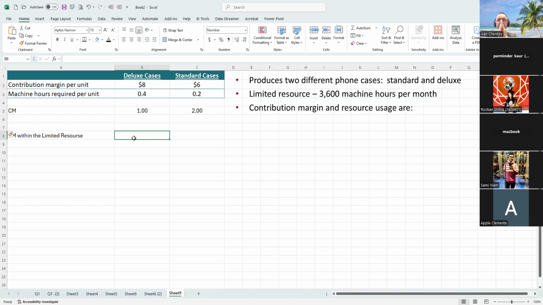So can we say 3,600 times 0.4? That will be one way to do it, but the easiest way will be, what's my contribution margin per unit within the limited resource? In other words, how much is my contribution margin per machine hour?